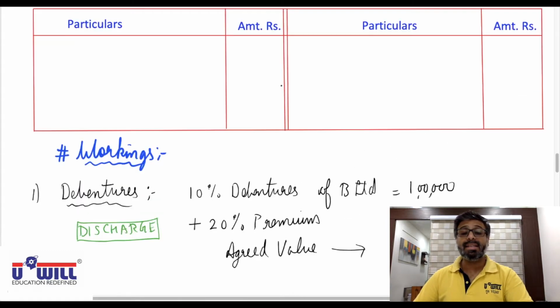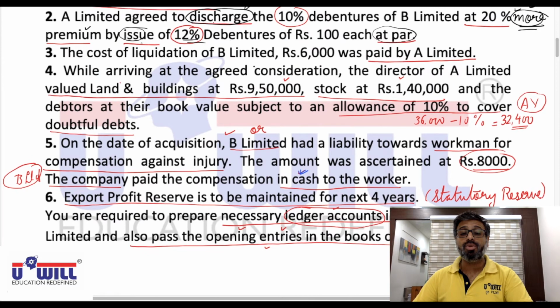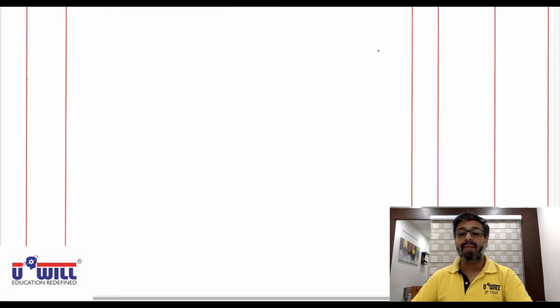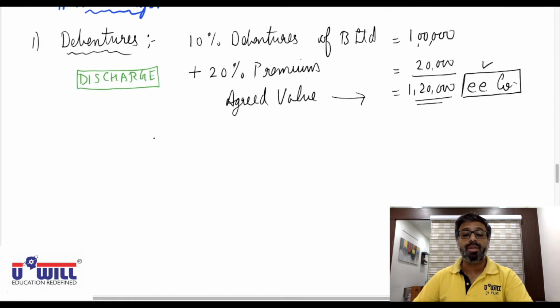Now, how is this discharged? Settled by issue of 12% debentures at par. At par means how many new company debentures will be issued?